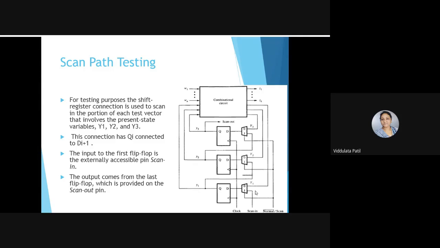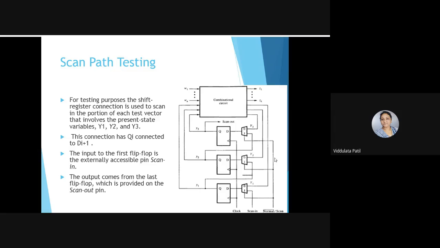Whenever you are testing a certain circuit, while you are doing the shift register operation in the last 3 clock cycles, you can load the next test vector at the same time, and reduce the number of clock cycles required to test. So this is about scan path testing.